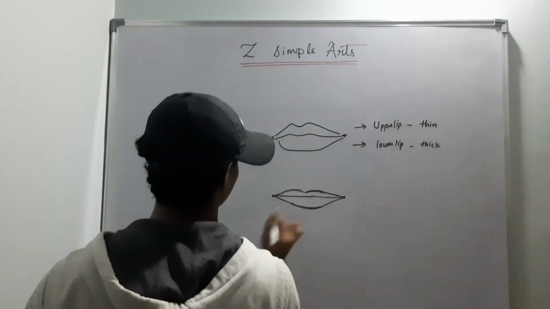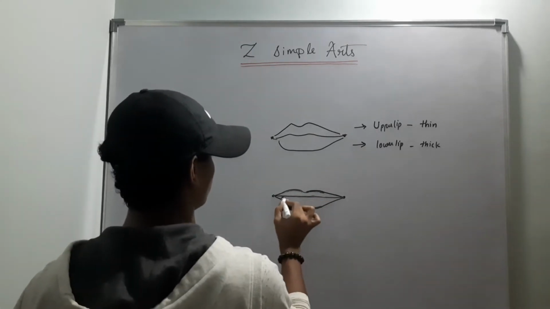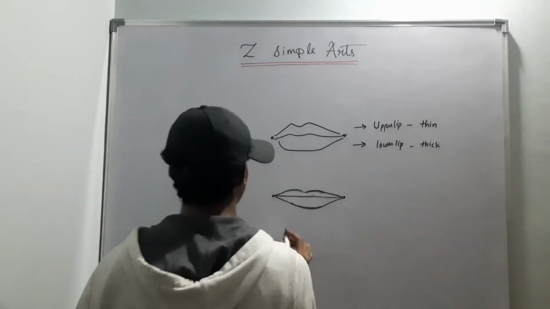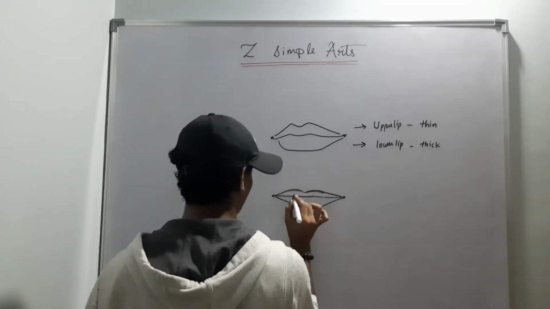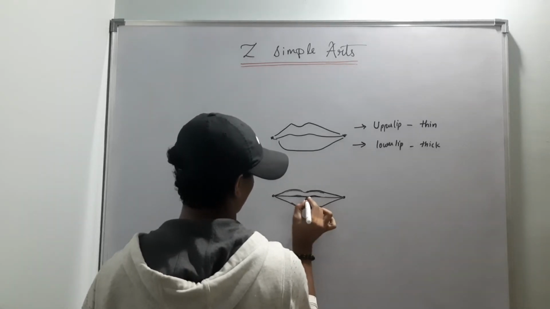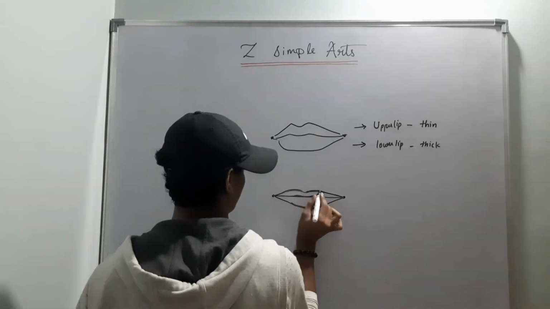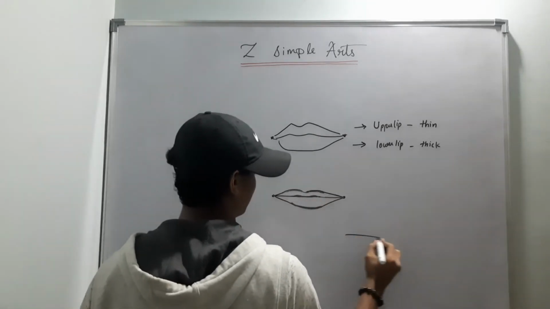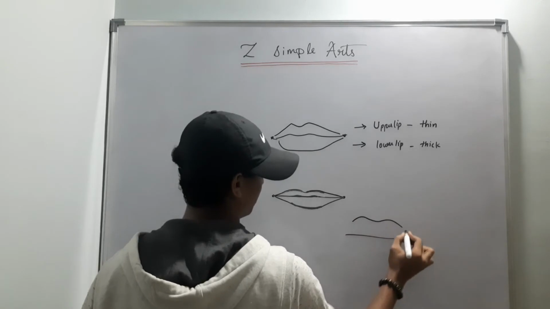Once you are there, we have to work on this line now. I would recommend you to do something parallel to the upper lip. Imagine this is the line and this is your upper lip.